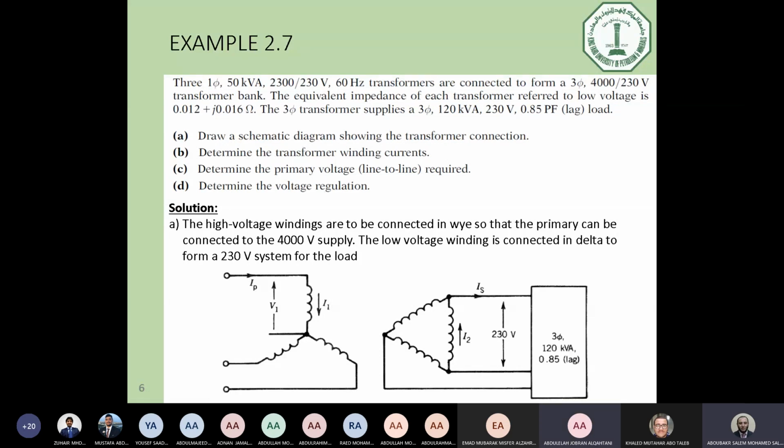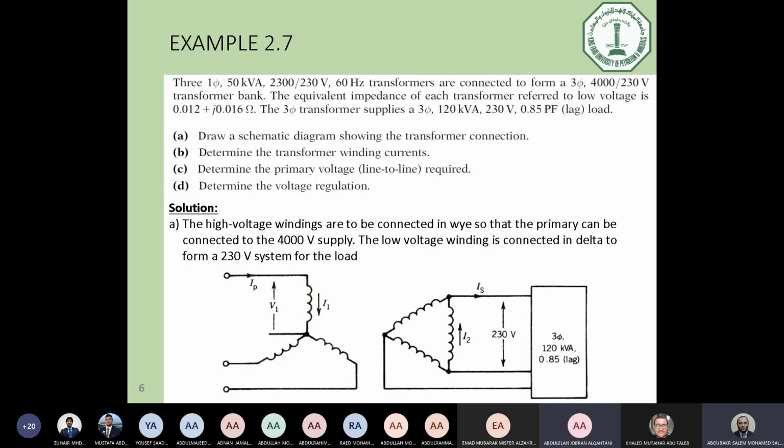S equal IV. This is right. So we have S equal 120 and V equal 230. So IS equal 120 over 230, but over square root of 3 because this is now three phase. Right.